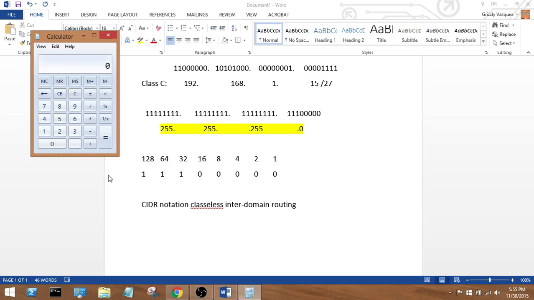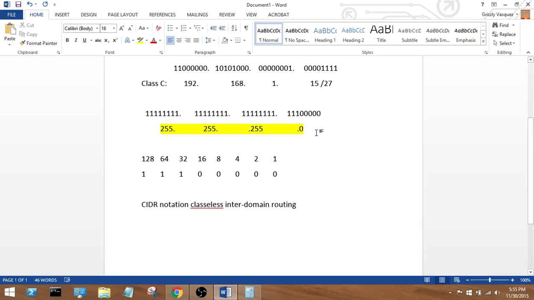I know I haven't, but it behooves you to do so. Do as I say, not as I do. I'm just kidding, but I'll learn. So let's just do it: 128 plus 64 plus 32, and that's it. Those are the only bits that are turned on. 224. So the subnet mask is 224 for this particular network.